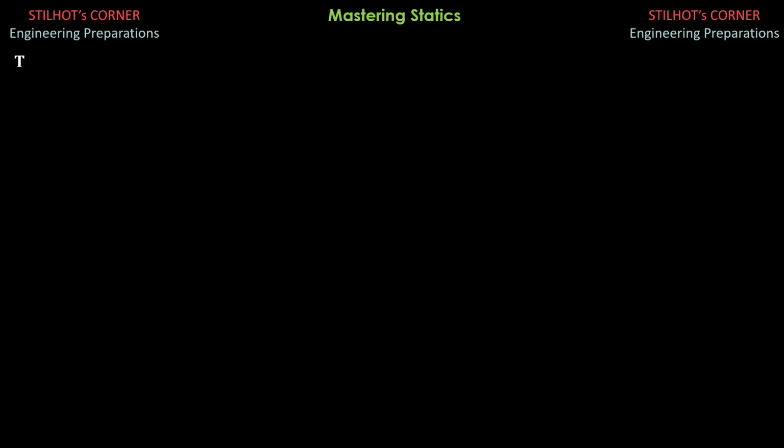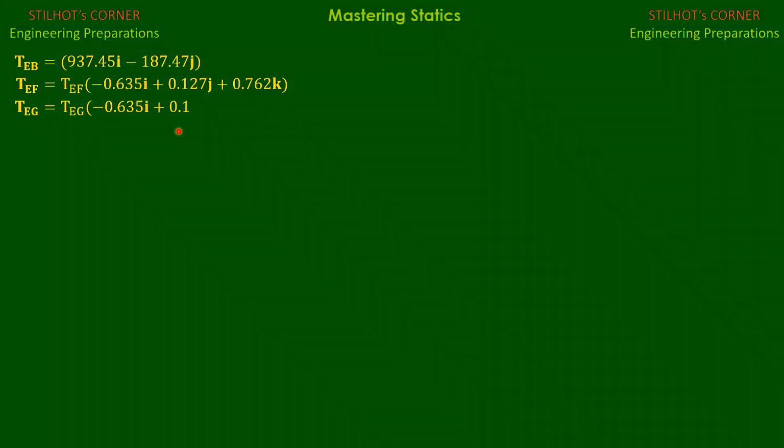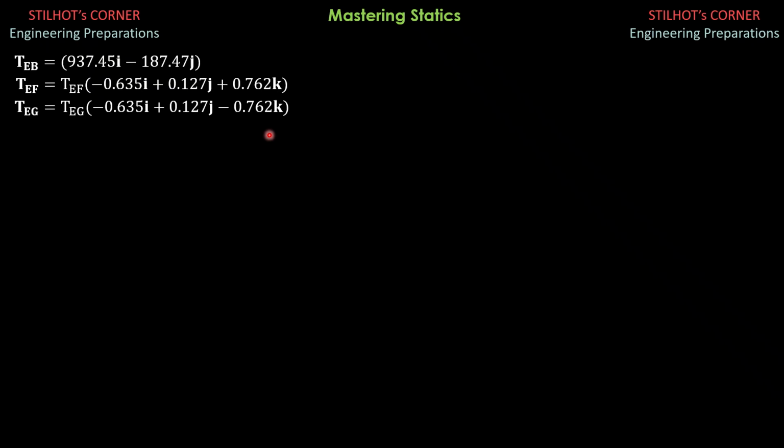So we note that tension EB is equal to 937.45 I minus 187.47 J. Tension EF is equal to tension EF magnitude times negative 0.635 I plus 0.127 J plus 0.762 K, and tension EG is magnitude of tension EG, quantity negative 0.635 I plus 0.127 J minus 0.762 K. So for the X component, we have negative 0.635 tension EF, negative 0.635 tension EG, plus 937.45 equals 0.